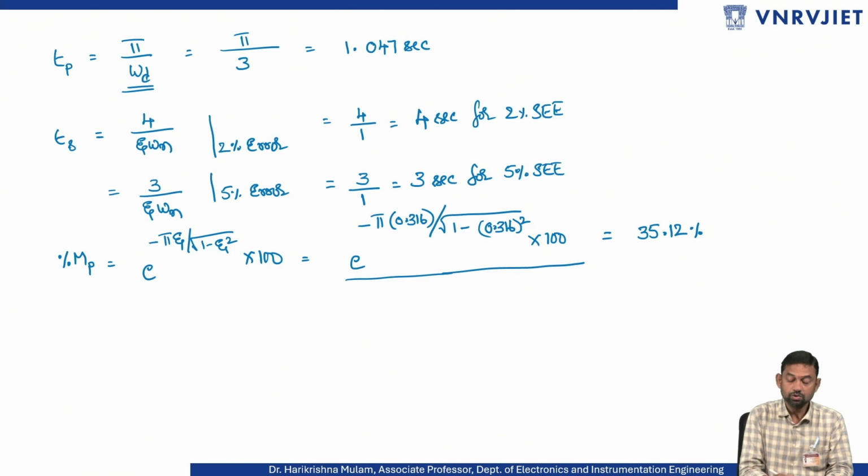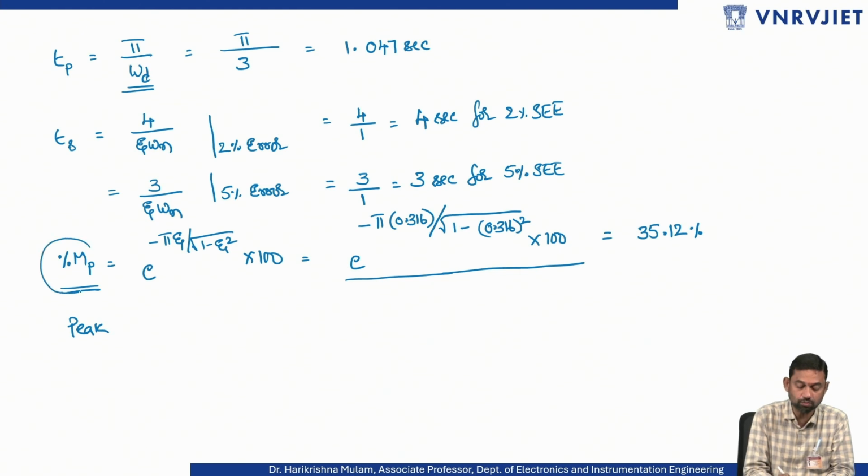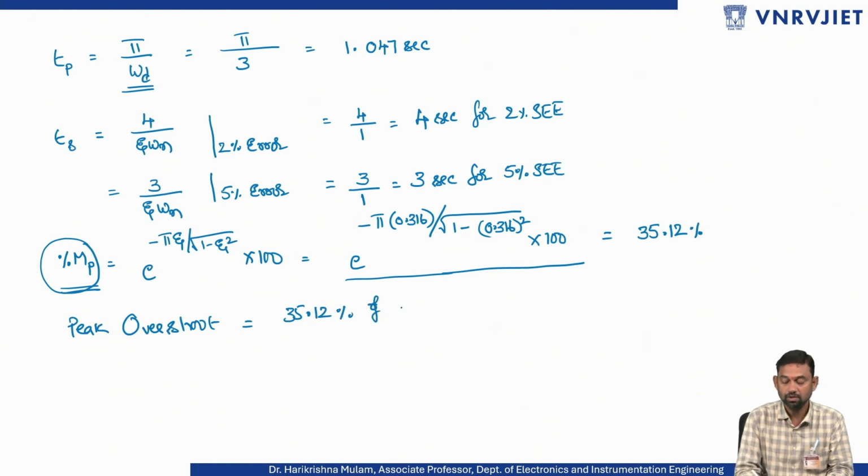So if the percentage overshoot is 35.12%, what is the peak overshoot? This is the percentage overshoot, whereas peak overshoot can be obtained from this percentage overshoot, that is 35.12% of whatever is the input. So input is 12 units.